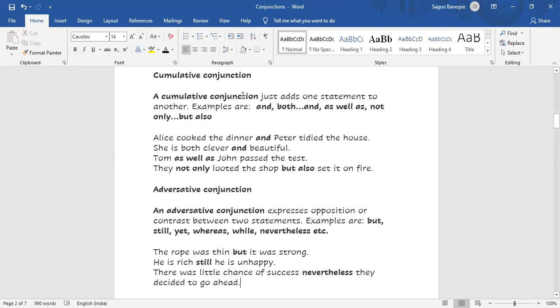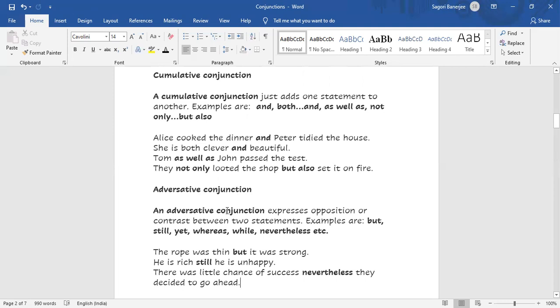So here what we have to understand, two statements are there. Alice cooked dinner, one statement. Peter tidied the house, that means arranged the house. Tidied meaning is arranged. That means two separate statements, which is not a comparison, not contrast, not any reason. Just statements. Try to understand. When joined by a conjunction, that is a cumulative coordinating conjunction. Okay, these are the examples.